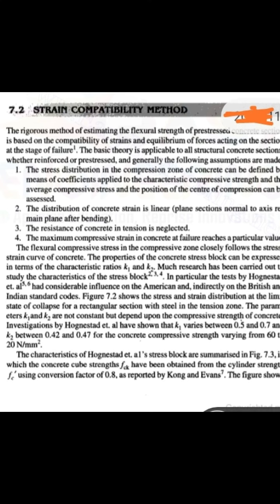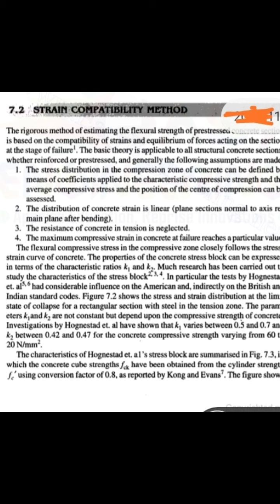Next, the distribution of the concrete strain will be linear. In a plane section normal to the axis, the bending plane will remain the same. The resistance of the concrete in tension will be neglected.